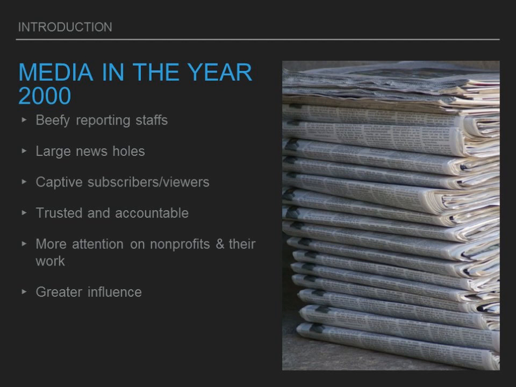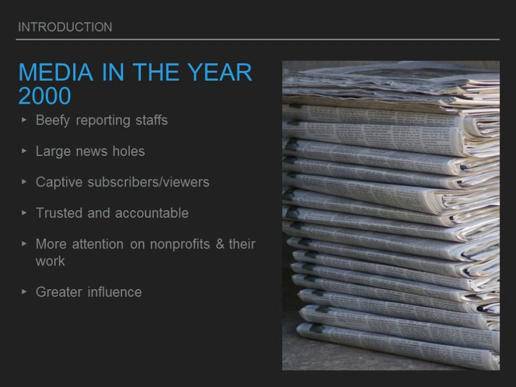There were large news holes, and when we say news holes, that's just journalism jargon for what now are a lot of news deserts, and basically there was more coverage out there for local and regional issues. You had captive subscribers and viewers. There was a time when traditional media, print, radio, was the way people received information.